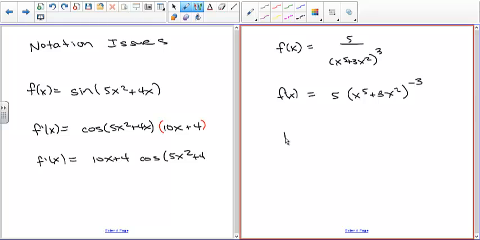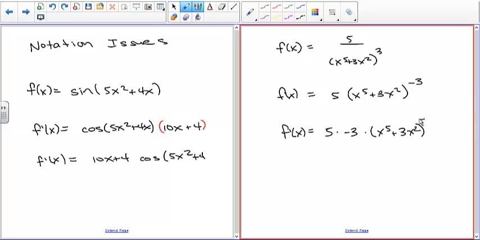So if I took the derivative of this, now that I've rewritten it, again using the chain rule, and I'm not writing out the full chain rule here, so I want you to do that during the test. I'm just doing this because I'm taking the shortcut because I'm talking about notation. So what you would have is you would have 5, and then you take this exponent, and then you would leave the argument of the thing that you are cubing the same.